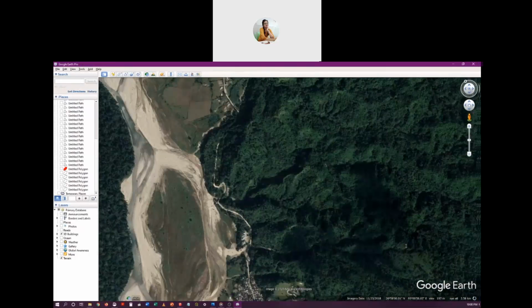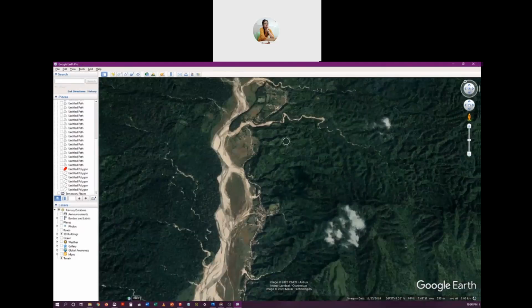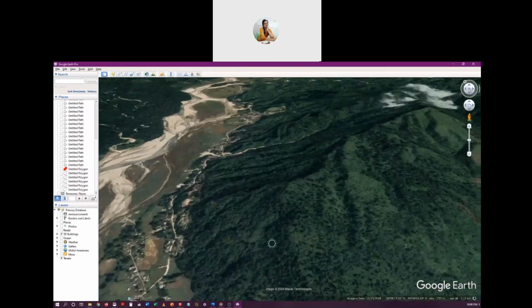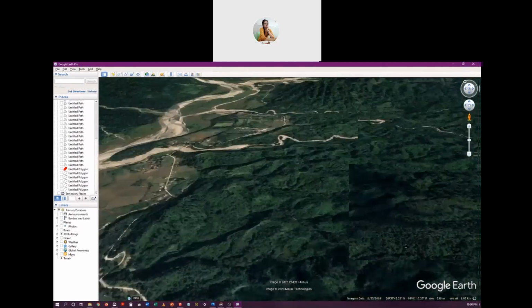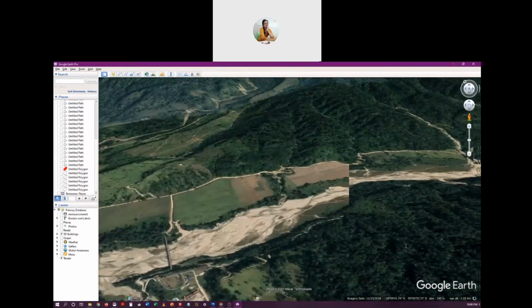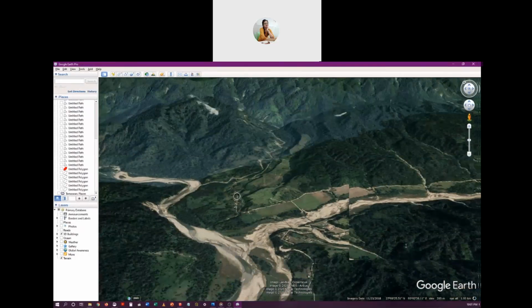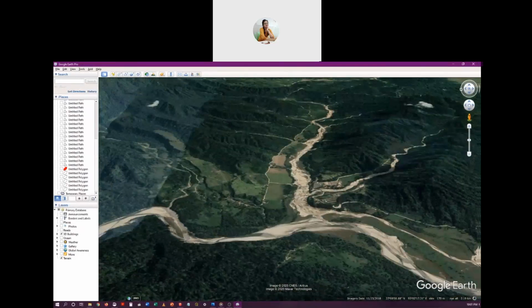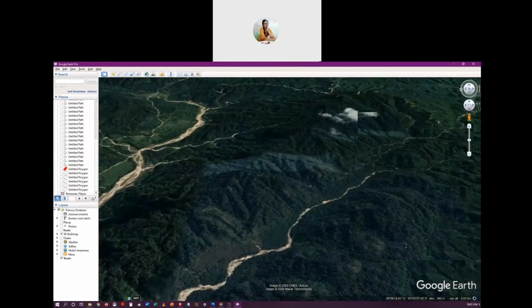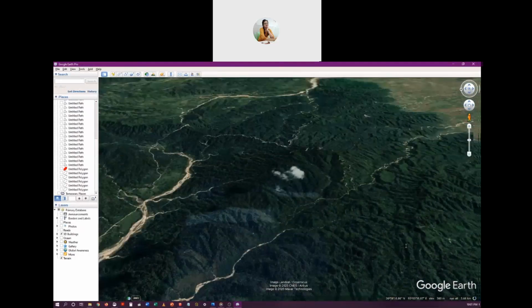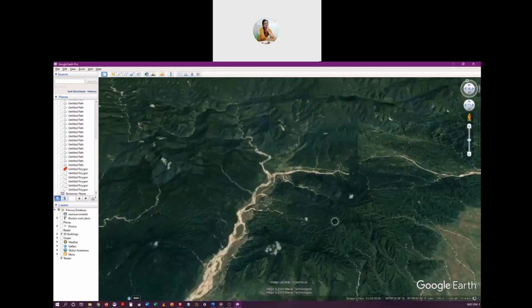For example, either we'd have to cross these mountains, these hilly areas, or we'll have to cross these kinds of natural drains. As you can see, these natural drains, streams, small rivers or tributaries are much more common in the mountainous or hilly part than in the plain part.